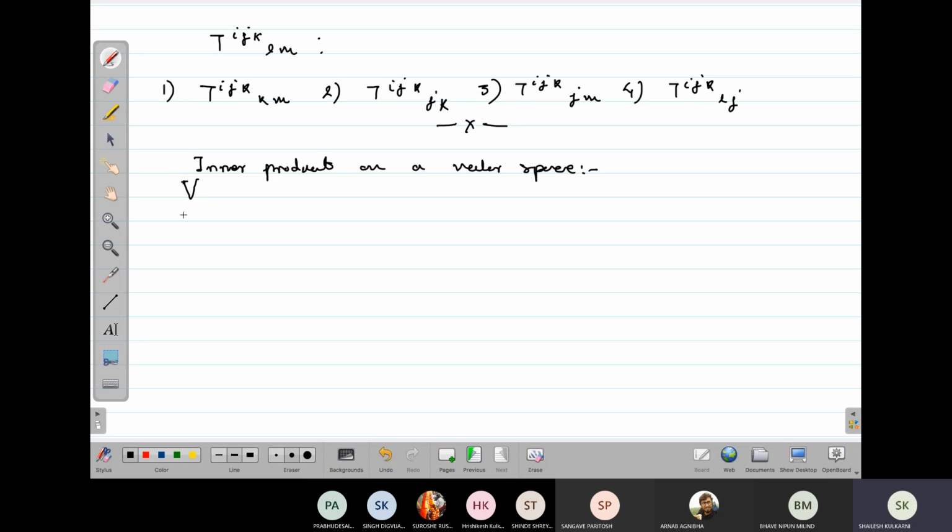If V is defined over the field of real numbers, then it is a map from V cross V to R. So the inner product is a map from V cross V to R, denoted by a symbol like this. You put something here, something here.